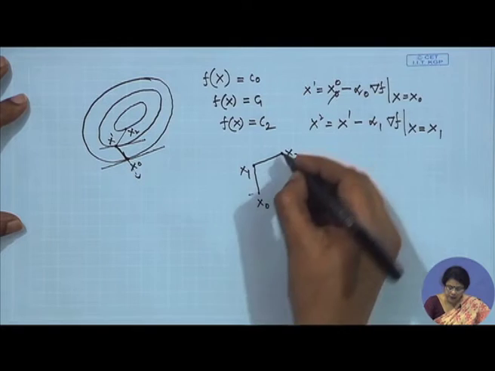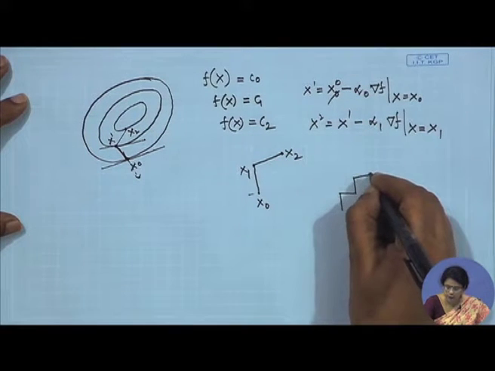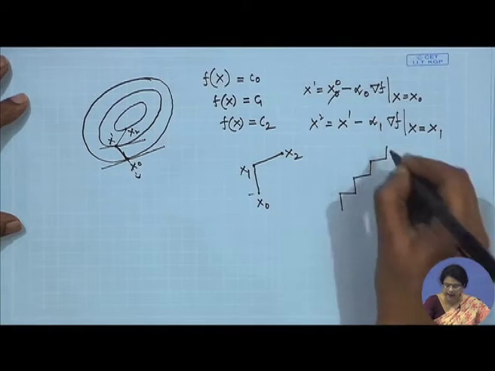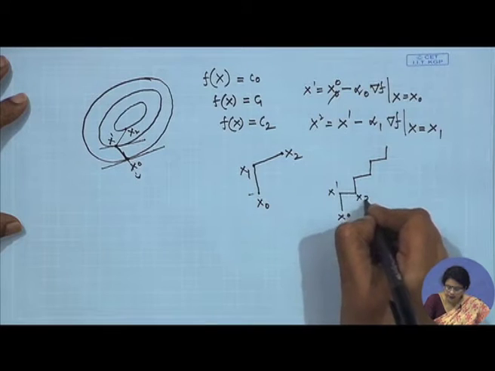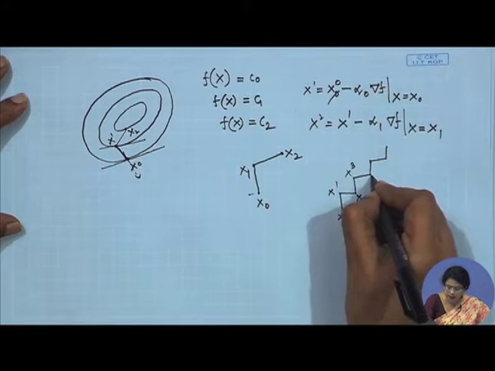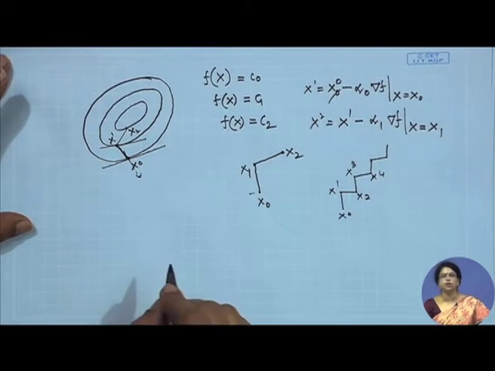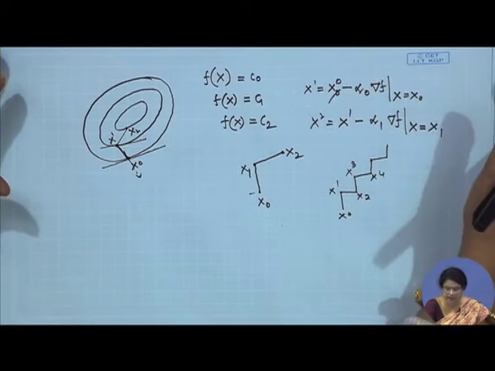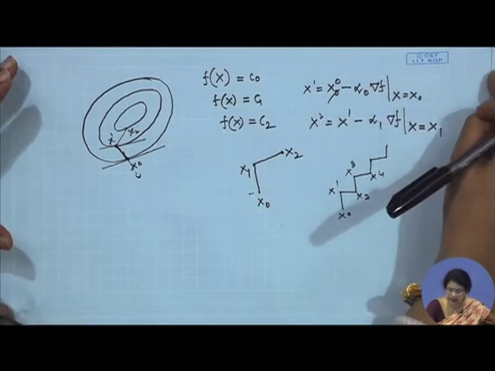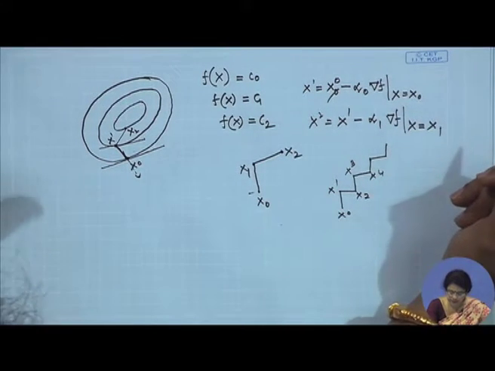That is why it will always take a zigzag path like this to reach the optimal solution at different iterations: x naught, x1, x2, x3, x4 like this. In connection to this, I will tell you a few more things so that we can do the steepest descent or ascent method in a slightly different way, and there are certain properties.